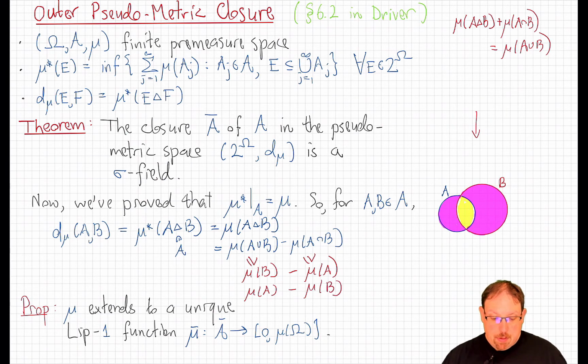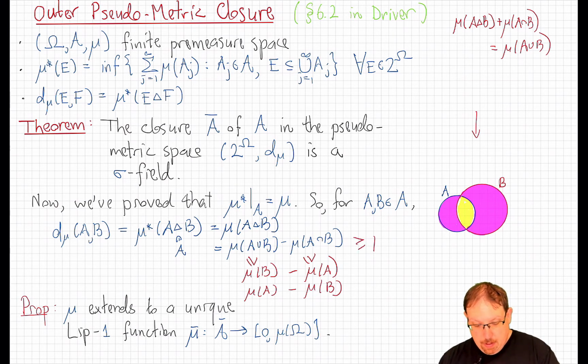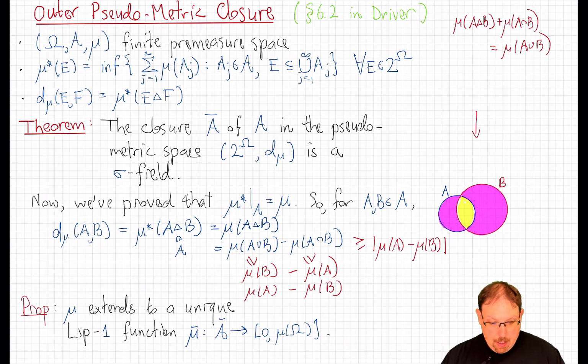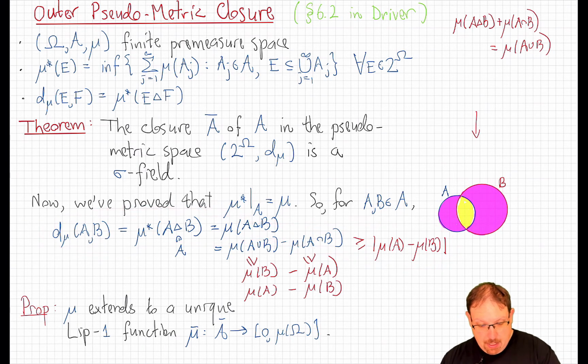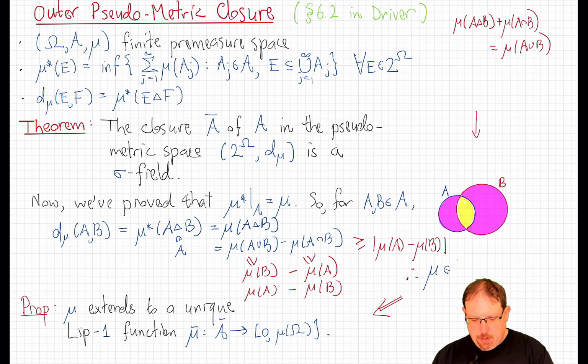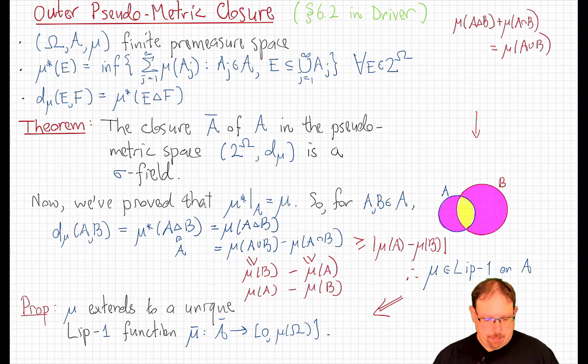So since both of those inequalities are true, we actually see that this is greater than or equal to the absolute value of the difference between mu of A and mu of B. And what that tells us is precisely that mu is a Lip-1 function on the set A.